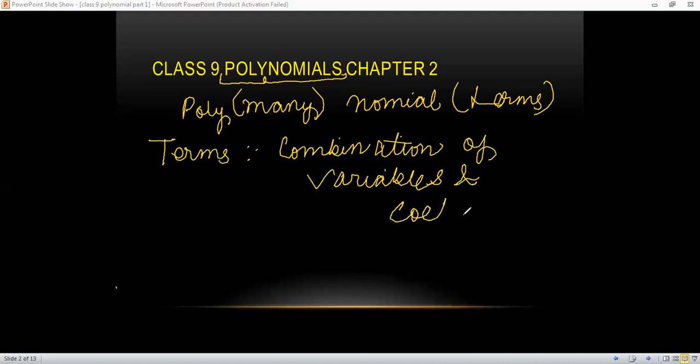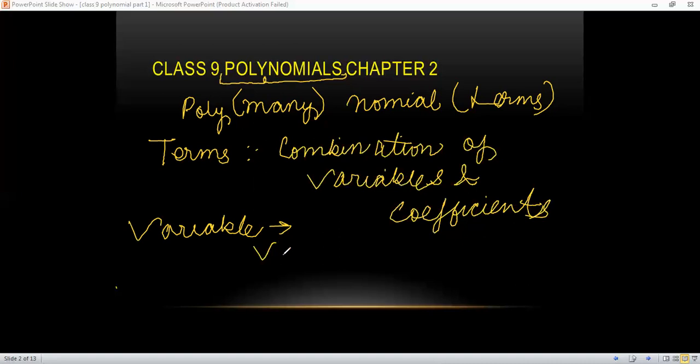Now, what is coefficient and variable? Let's discuss that. Variable means the value can be changed, or you can say value can be varied. It is not constant.